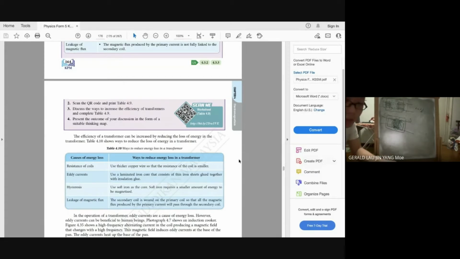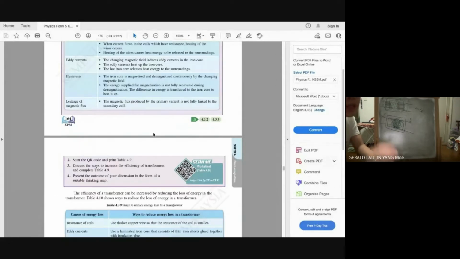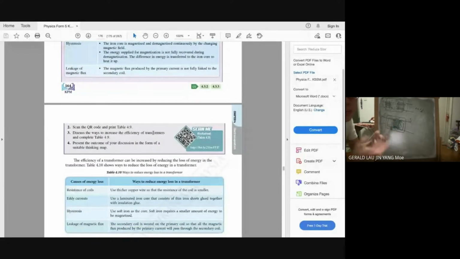Eddy current. Why they use laminated is because you use a laminated iron core that consists of thin iron sheets glued together with insulation glue. Because of this laminate, it can reduce the changing magnetic field and also it won't heat up easily. How about soft iron core?